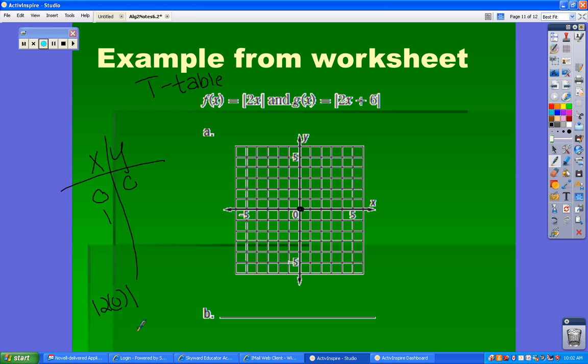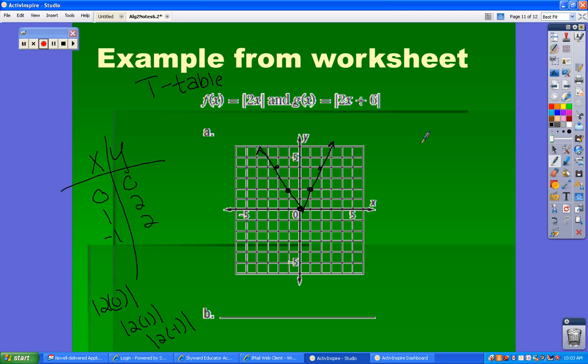Plug in 1, 2 times 1, absolute value of 2 times 1 is just 2. Plug in negative 1, absolute value of 2 times negative 1, that's negative 2, which is 2 again. That should be enough. Once you have this going here, you will see that this oftentimes is the slope or a key indicator of what it will be.